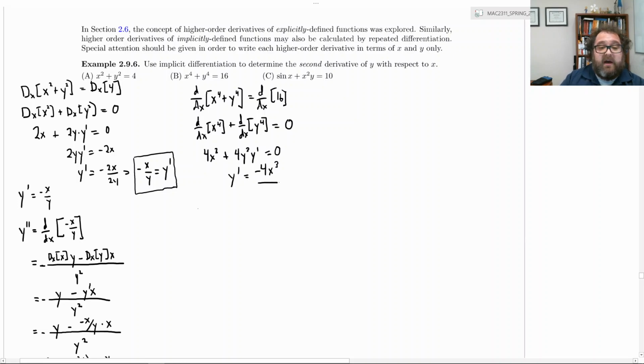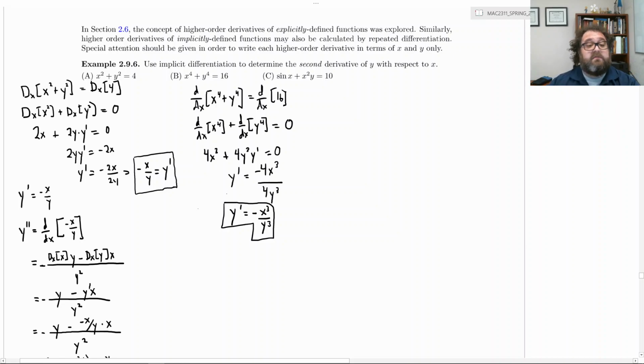And then we're going to divide by 4y cubed. And that'll give us y prime. Now, of course, that simplifies just a little bit. There's a 4 on the top and the bottom, so we get y prime equals negative x cubed over y cubed. So there is y prime, the first derivative.